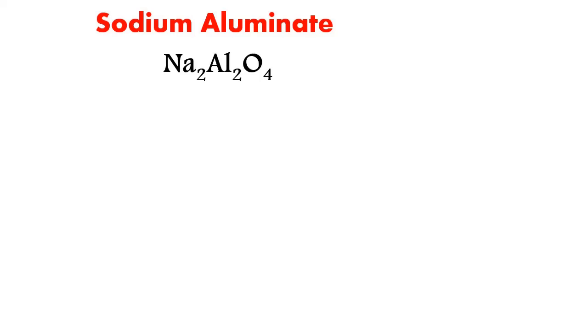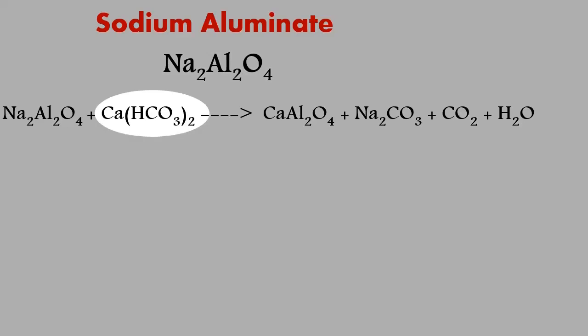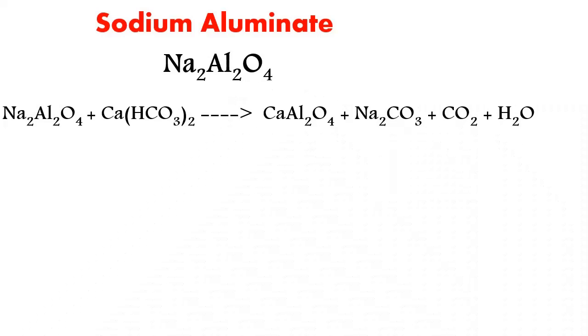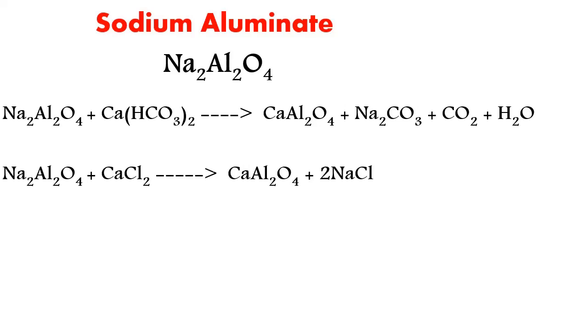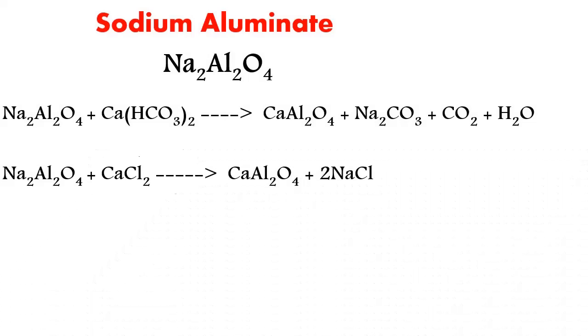Now, the very interesting fourth coagulant, that is sodium aluminate. The chemical formula of sodium aluminate is Na2Al2O4. This sodium aluminate reacts with calcium bicarbonate and produces calcium aluminate, CaAl2O4, and Na2CO3, CO2, H2O. Then sodium aluminate can again react with CaCl2 and produce CaAl2O4 and 2NaCl.